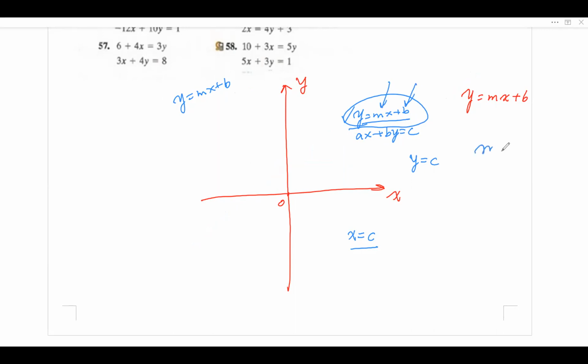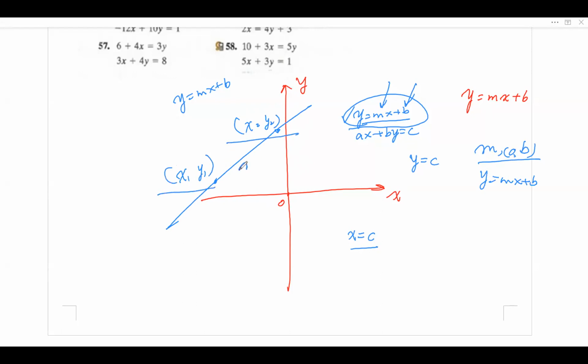You can quickly get y equals mx plus b, right? Or you can say this line is made of two dots, x1, y1 and x2, y2, right? So you can find the slope. Slope is y2 minus y1 over x2 minus x1, right?